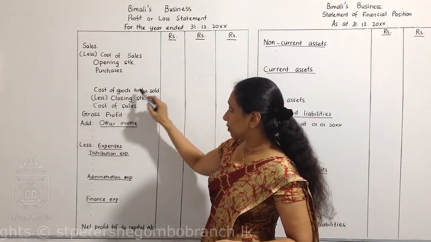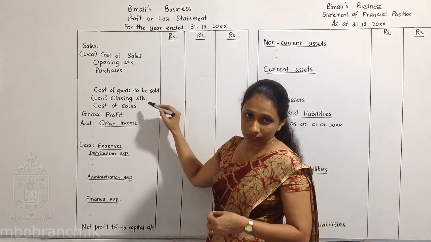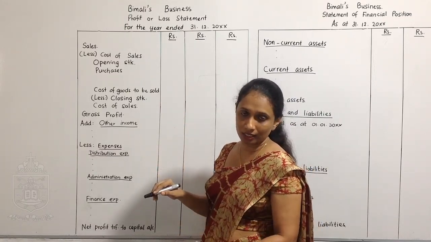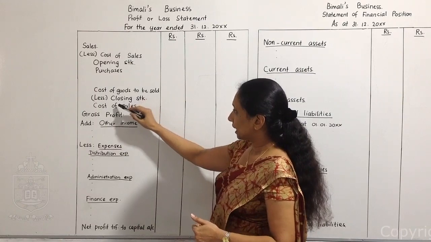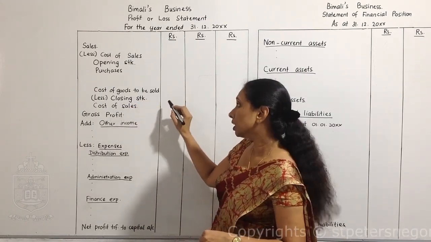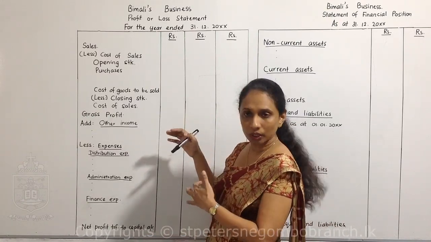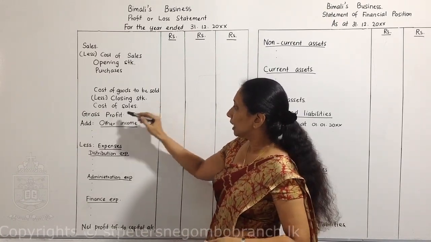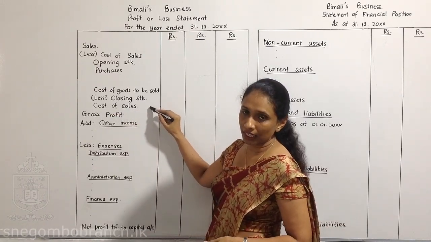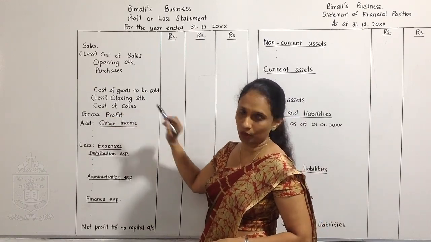Then the cost of goods to be sold can be arrived at, and from that we have to deduct the closing stock. I know that in this question the closing stock is not there, but I have put the space for it; let's put it as 0 once we go into the sum. Then we have the cost of sales figure.